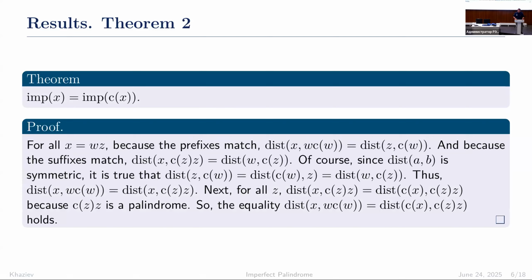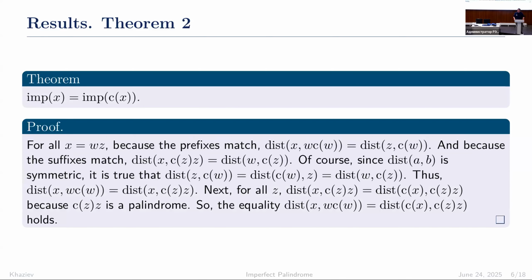And the second theorem that I would like to talk about is that imp of x is equal to imp of C of x, which was kind of counterintuitive at first sight.